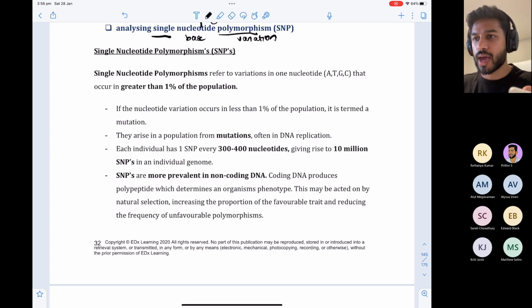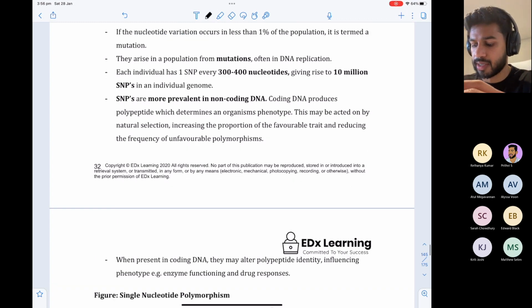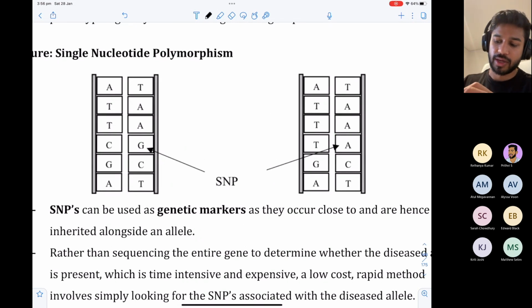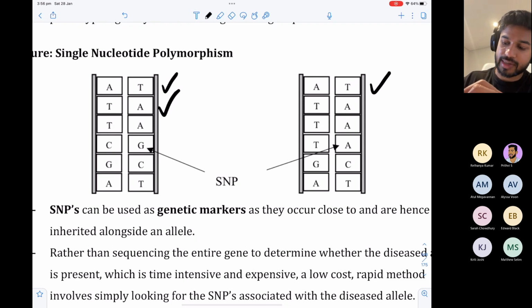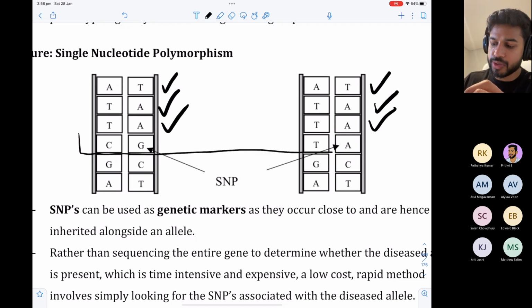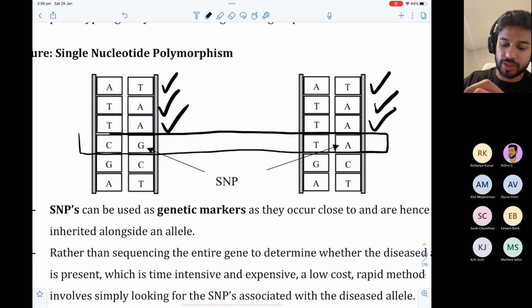And so scientists looked at this and they called it a single nucleotide polymorphism. They said, when I look at this person's DNA, when I look at this person's DNA, as you can see, they're the exact same here, the exact same here, the exact same here, but after about 300 to 400 bases, most people have a variation.